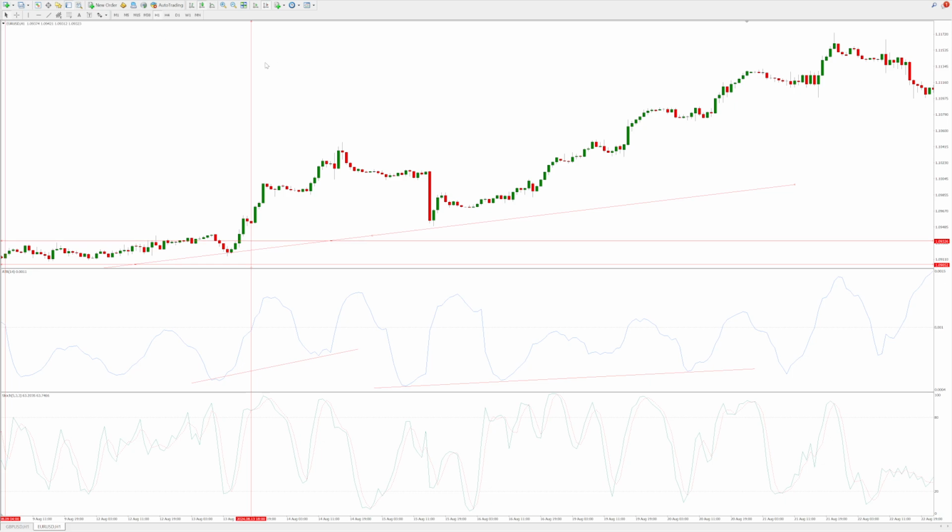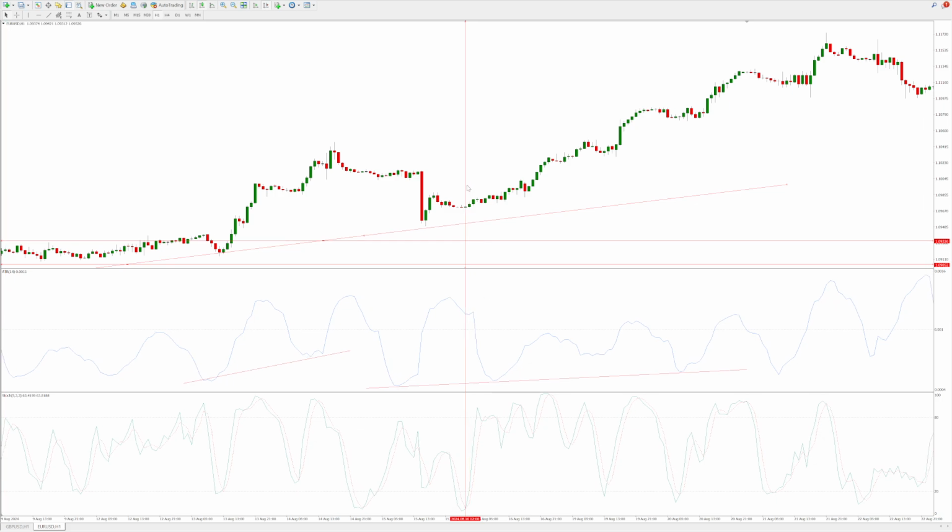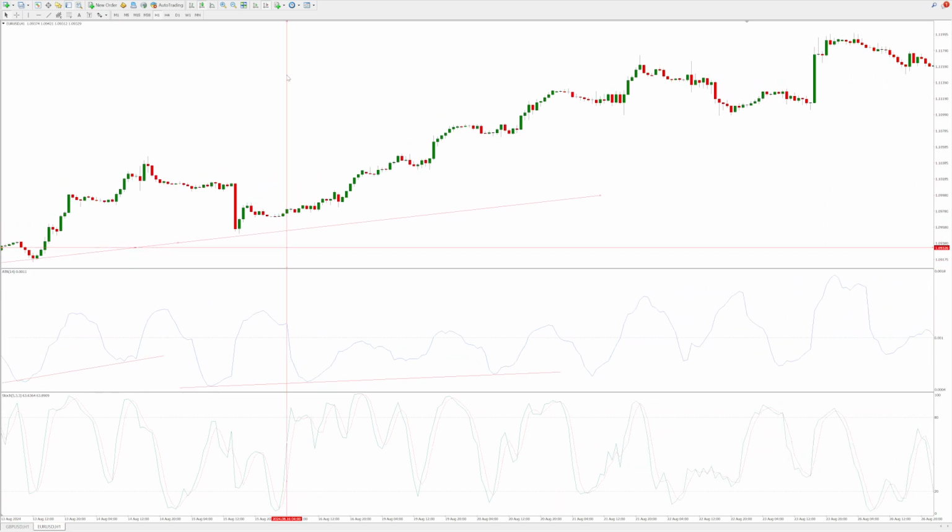Or again, you can use the stochastic oscillator. Let's just mark off the crossover there. Okay, so you have the crossover in the oversold zone. Potential entry opportunity there. Even as the trend continues, you have another crossover there.